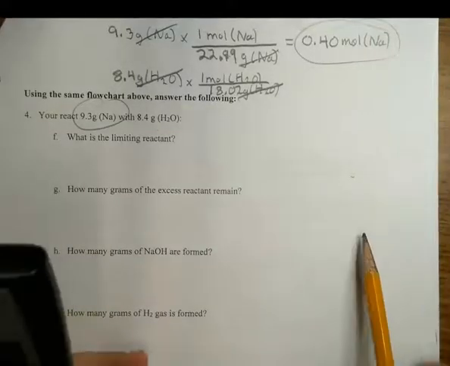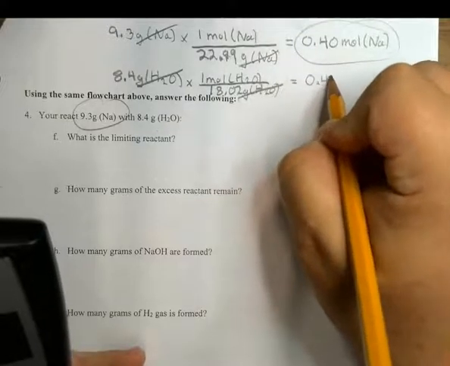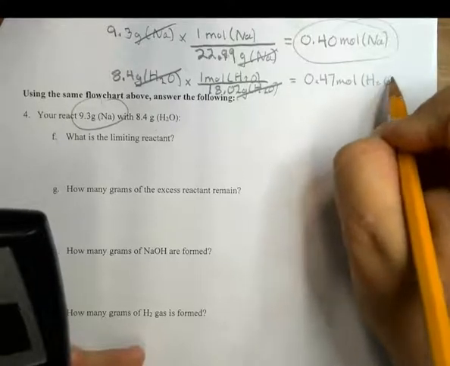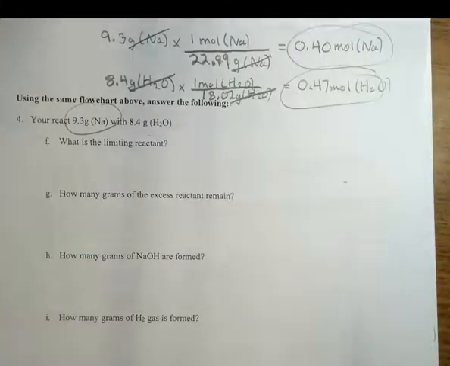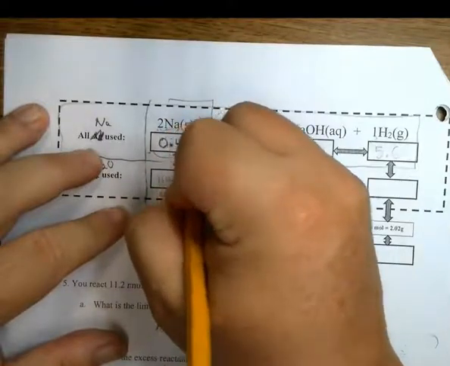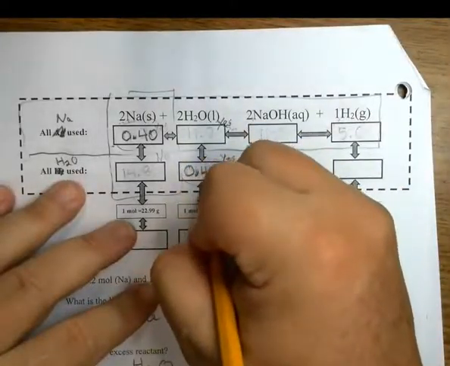All right, and it's 0.47. I'm going to round it, moles of H2O. And that's what we need to use inside of our chemical equation world. So we're going to bring these over here. Okay, and this one is 0.40. And this one is 0.47.